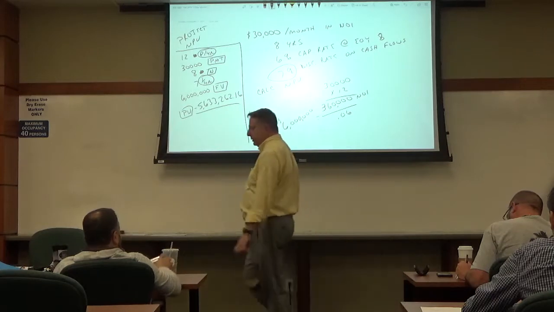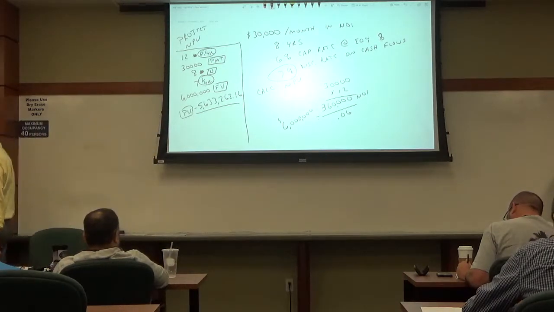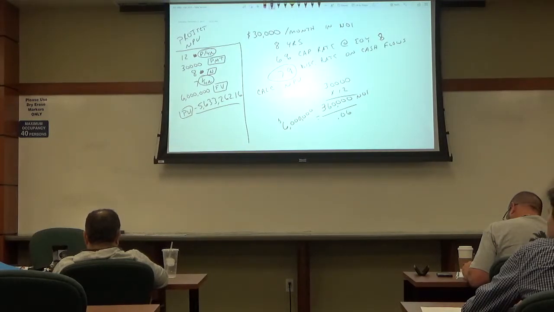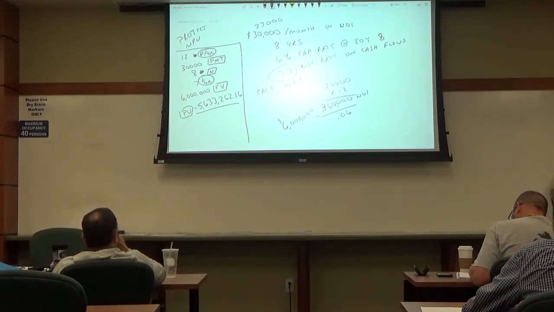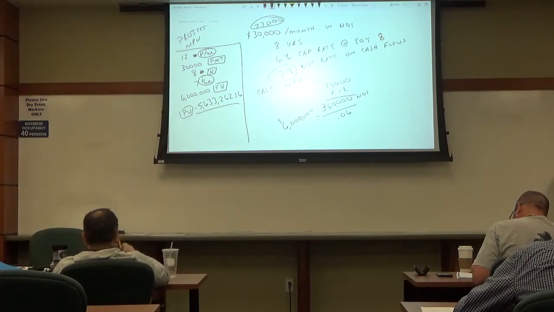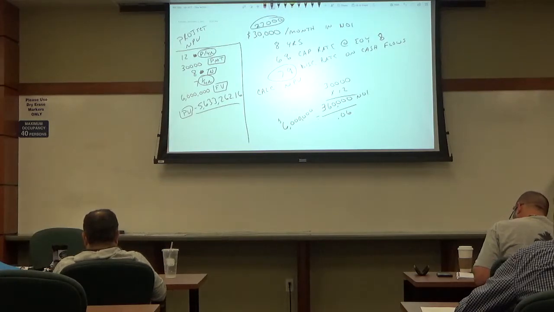So this is going to be the next problem, sensitivity analysis, to see what actually happens if we change this. In essence, a 10% reduction in NOI is going to be what, per month? The $3,000 a month. So that means 27,000 is going to be our new NOI. If we have a 10% decline in NOI, that means our new NOI is going to be 27,000.